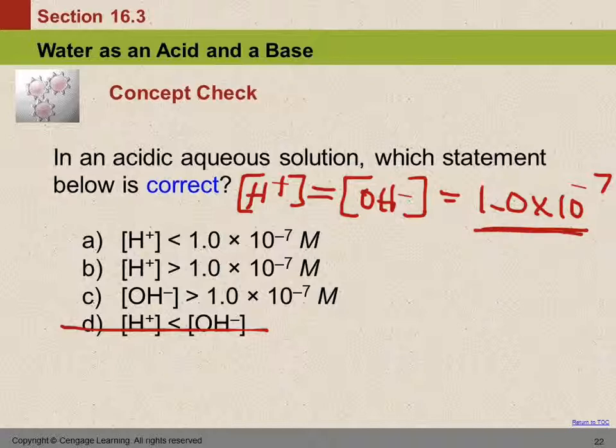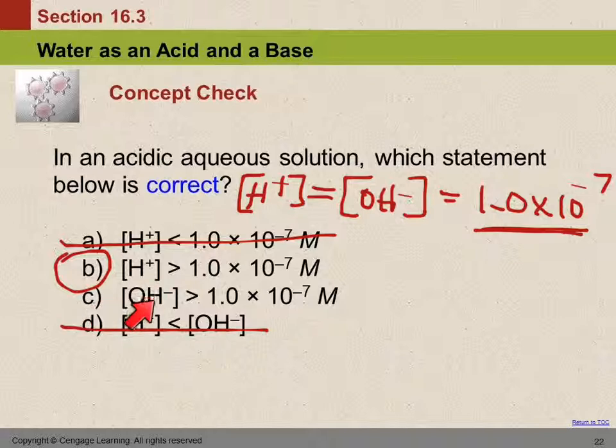So A then is saying that the concentration of the hydrogen ion would be less than what it is in pure water. Is that true in an acidic solution? No. How about B? The hydrogen ion concentration is greater than what it would be in pure water. That is true. And then let's just double check this other one here.